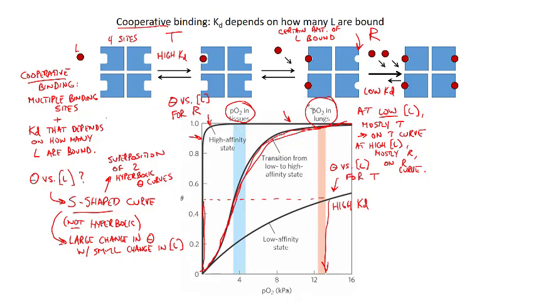Well, the difference in oxygen concentration between the lungs and the tissues is pretty significant, but the difference in theta is essentially nothing. Your theta would barely change. But because we have a cooperative binding protein, when the hemoglobin gets out into your tissues where there's not as much oxygen, the theta can drop pretty substantially. And that means that we're able to release our oxygen. This would not be possible with a non-cooperative oxygen binding protein, like myoglobin, for instance.